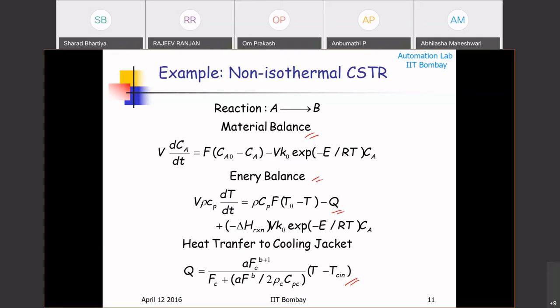remember that when you say first principles models, these are not completely first principles, because first principles would mean that they're completely ab initio. So note that, for example, when I am trying to find out what is my model for heat transfer to the jacket, you will see that I still have these parameters.